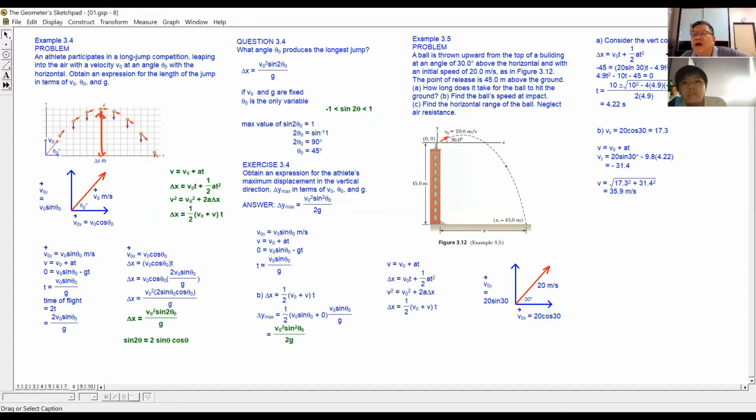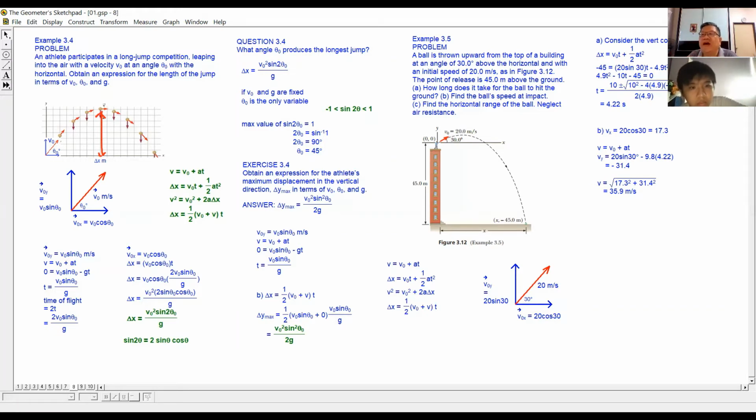And what formula are we going to use? We are going to use the second formula. The vertical displacement is the initial velocity multiplied by the time plus half acceleration multiplied by the time squared.